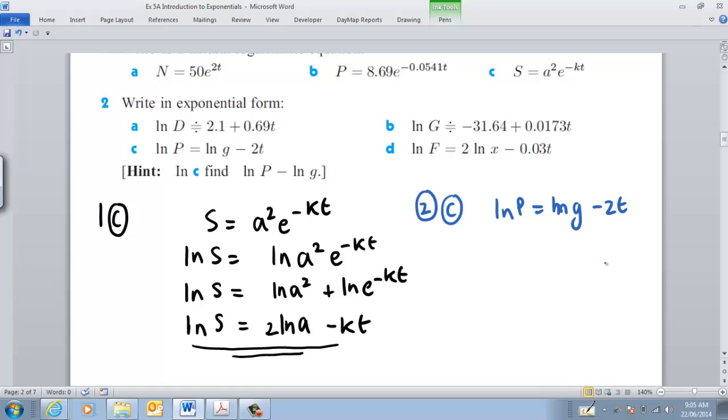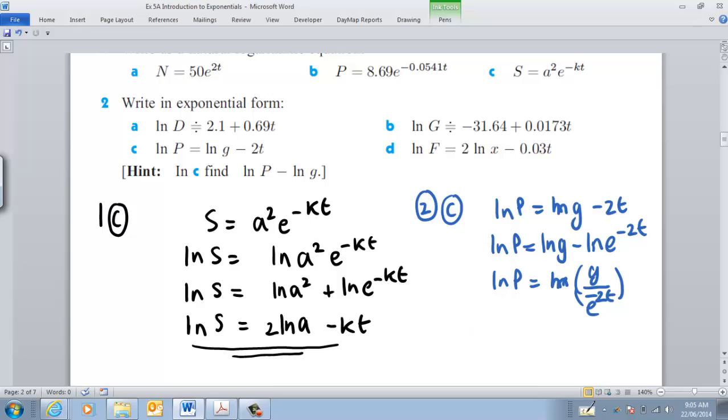If you've got minus 2t, you could write that as ln of p equals ln of g take ln of e to the minus 2t. So you can actually write that in there. Because we've now got ln's like that, we can say that ln of p equals ln of, when you're subtracting you're dividing, so it's g over, oh, it's e to the minus 2t.